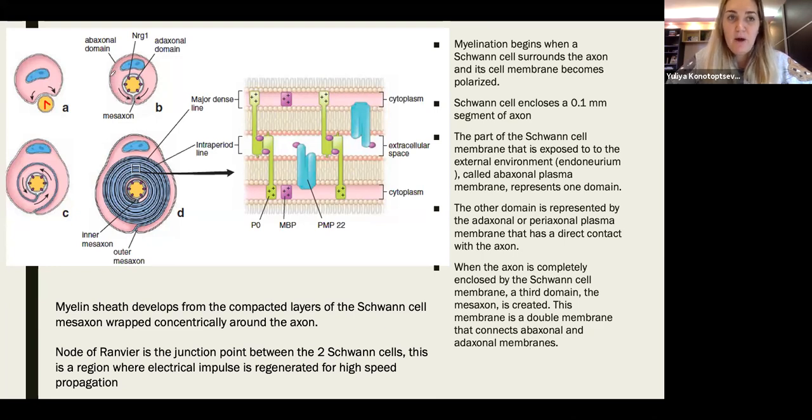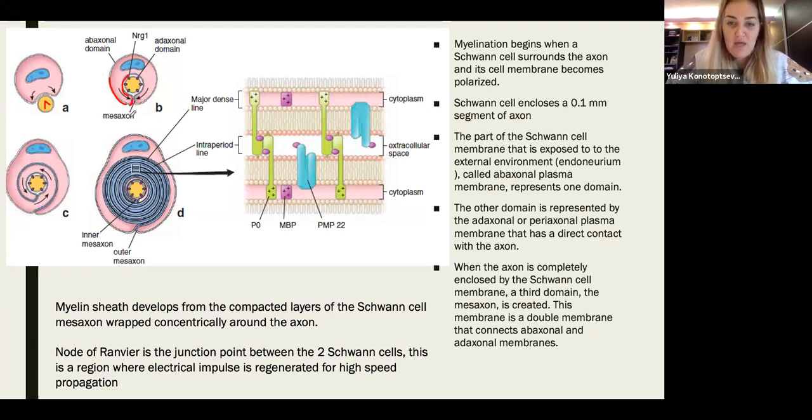The outer part of the Schwann cell, which is not facing the axon, is called the ab-axonal domain. The part of the Schwann cell which is facing the axon is known as the ad-axonal domain. And the part where the two meet up is known as the mes-axonal domain.